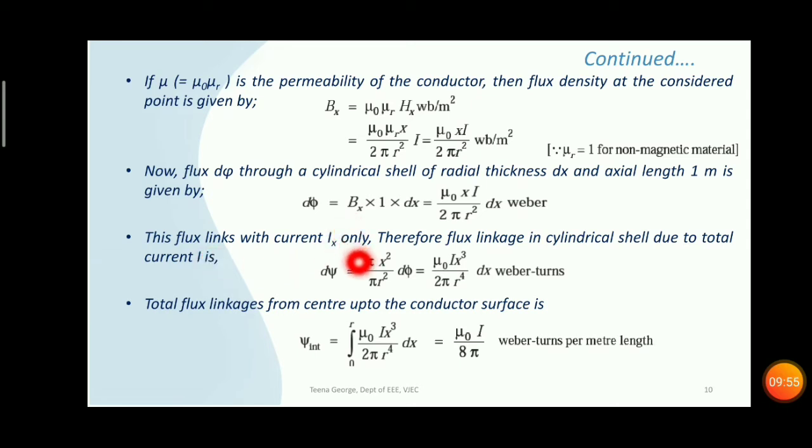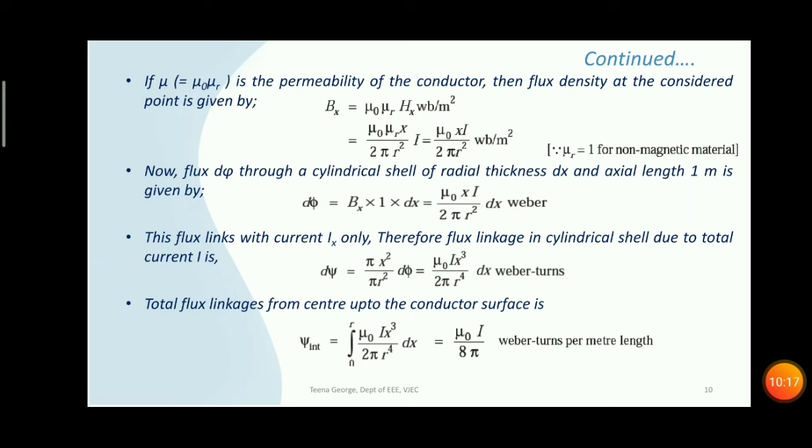So the total flux d psi, we have to multiply with the term pi x square by pi r square into d phi. Substituting for d phi, mu 0 I x cube by 2 pi r raised to 4 dx Weber turns.